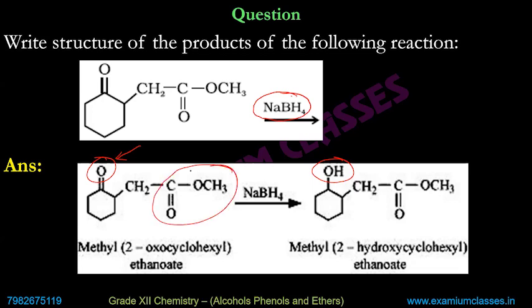Whether it is a ketone, cycloketone, why am I saying cycloketone? Because this carbon and this carbon, so it is actually a C like this. So it is a ketonic group, but in a cycle, so that's why I would say cycloketone. But this one is an ester. So this will get reduced to alcohol.